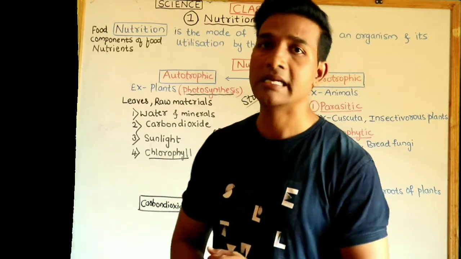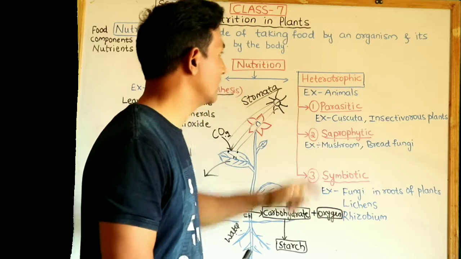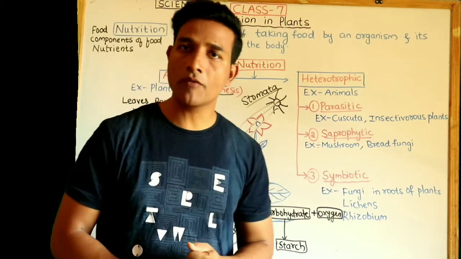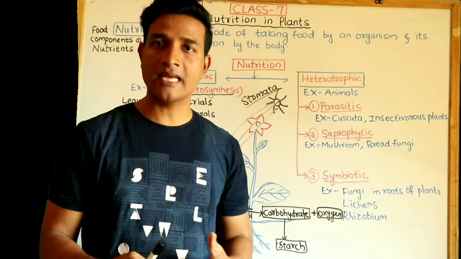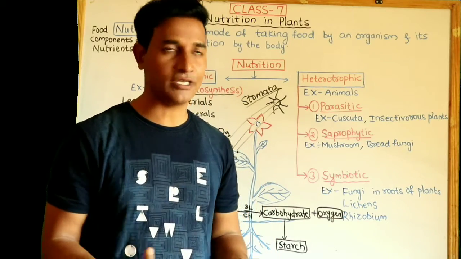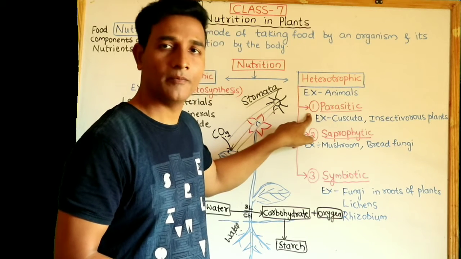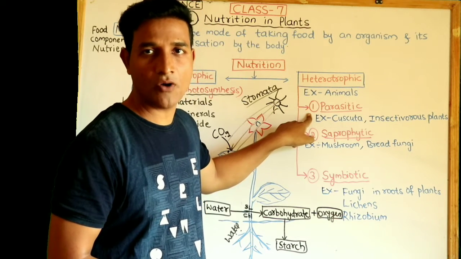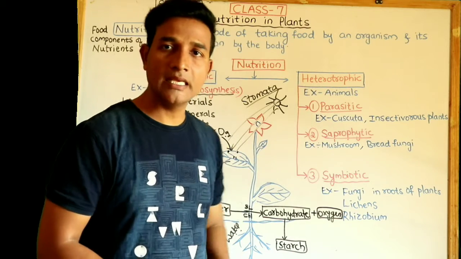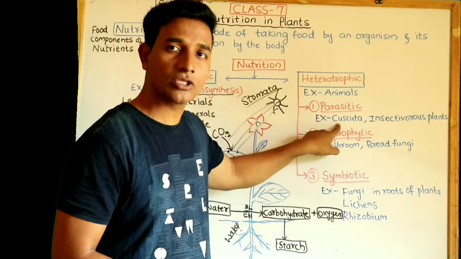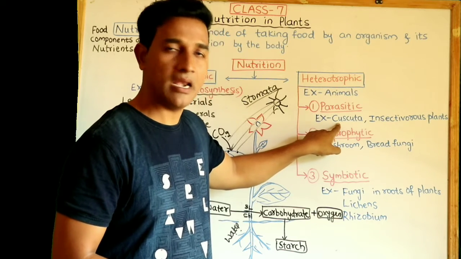Now let us study about the heterotrophic mode of nutrition. In the heterotrophic mode of nutrition, the organisms cannot prepare food. For example, we have parasitic type of nutrition. In this type, you can take the example of Cuscuta, Amarbel.